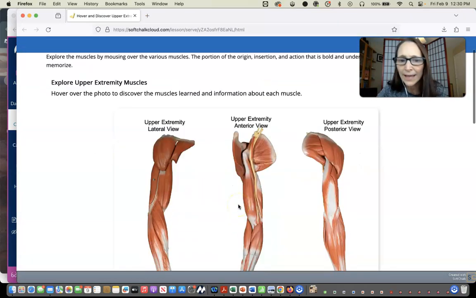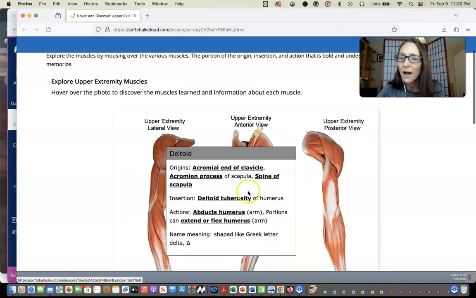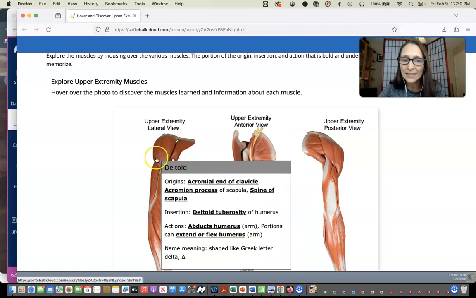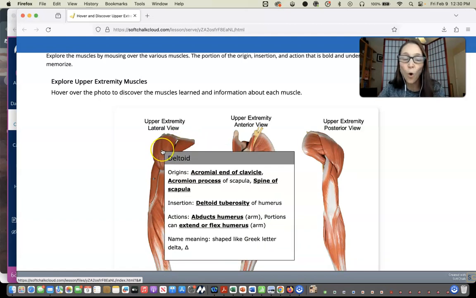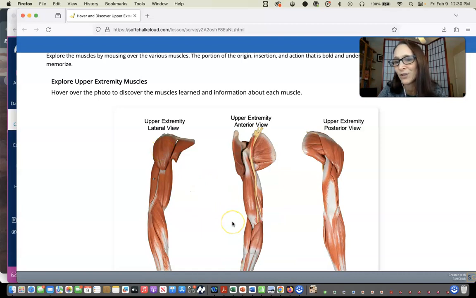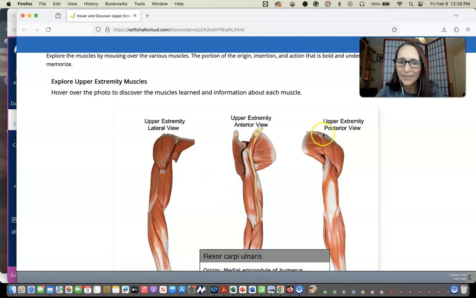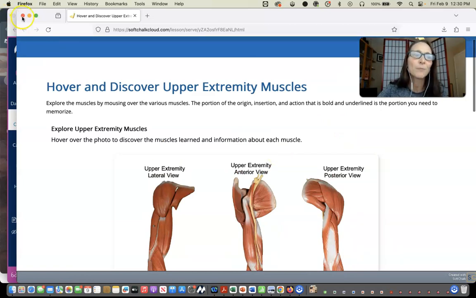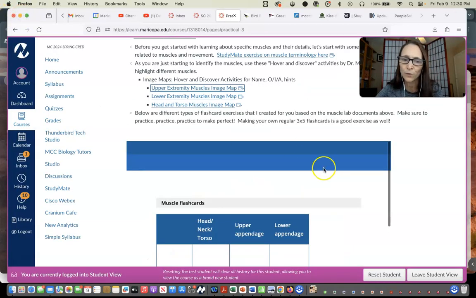So these SoftChalk exercises I think are great. These are different than the other SoftChalk exercises that you've had. You can actually rotate the pointer over the muscle and it will tell you the name of the muscle and the origin and the insertion and action. I think that these are really handy, and they're actually on pictures of the muscles that we use in the lab and for the practical.